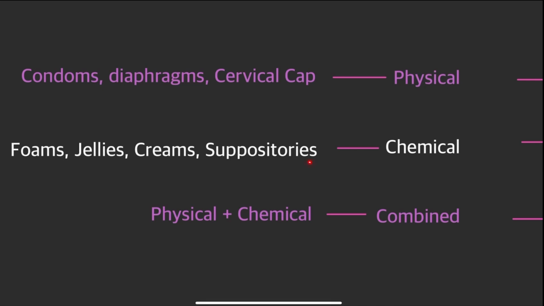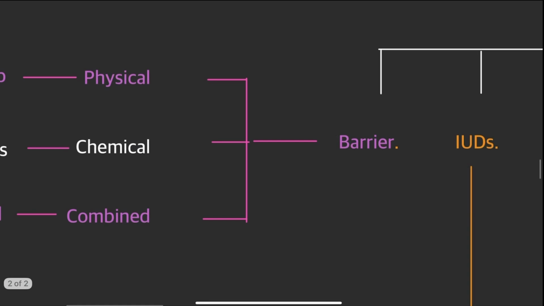All these chemical methods are actually spermicides, which kill sperms. And the combined method includes the combination of physical plus chemical. So using any one from the physical methods, and in addition to that we use any one from the chemical methods. So that is the combined method, physical plus chemical. Okay, so barrier method is done.